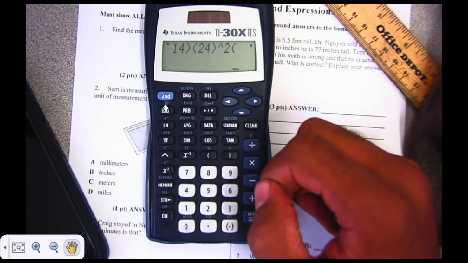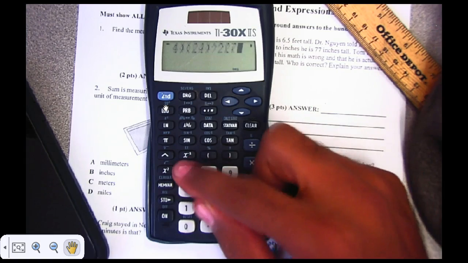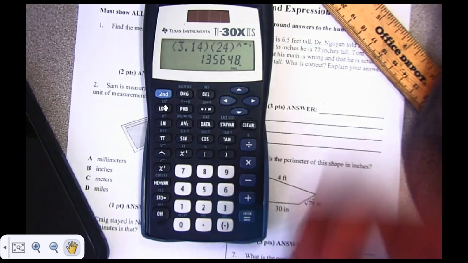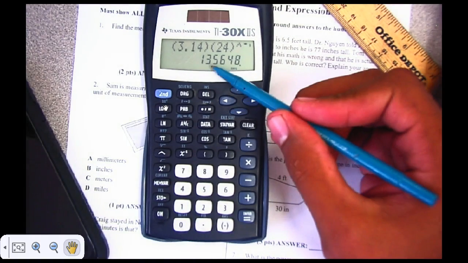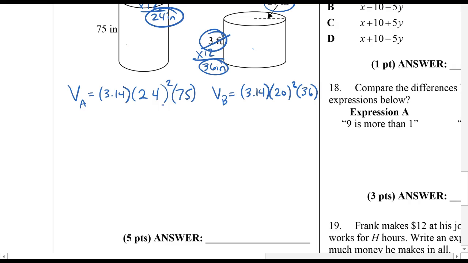Now parentheses, and the last number is 75. Okay, and I get 135,648, and the measure we used was inches, so inches cubed.